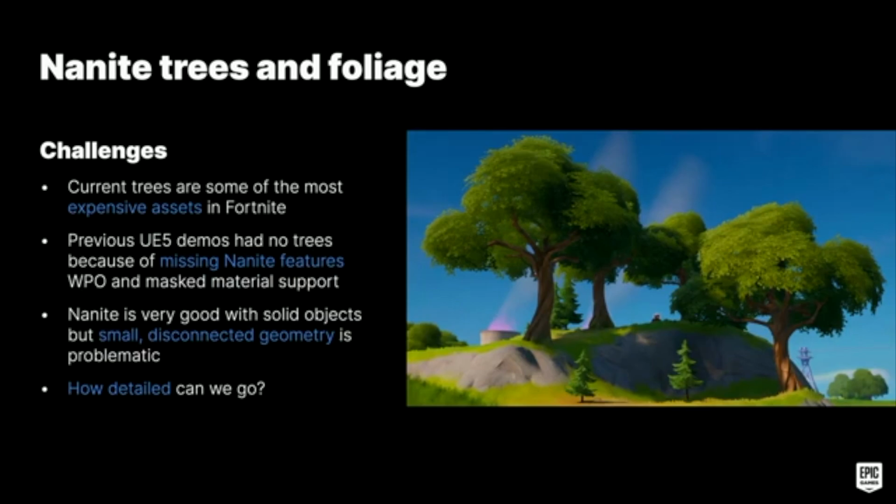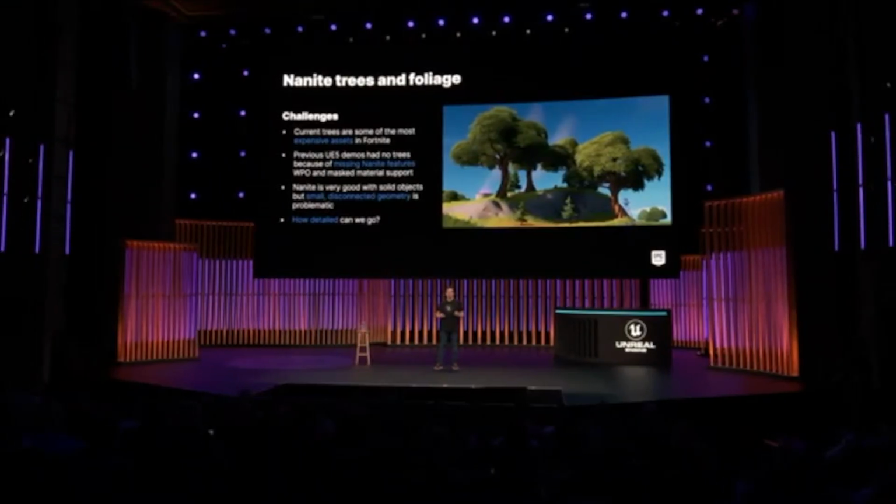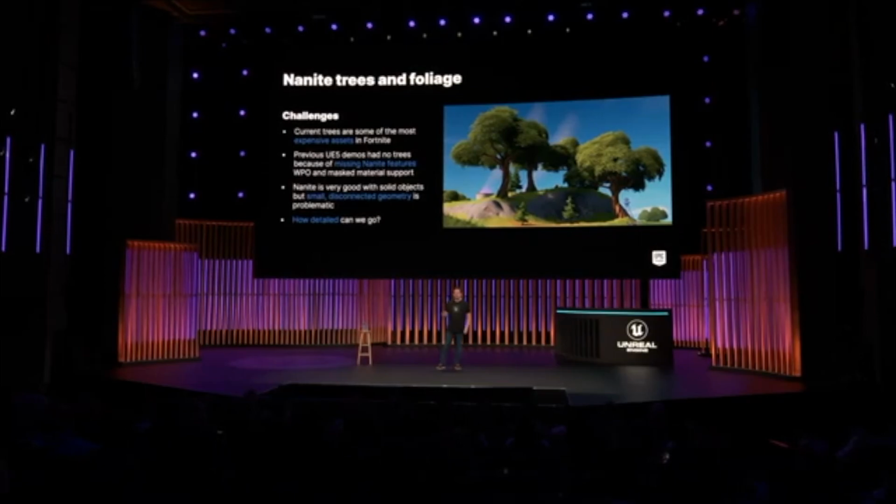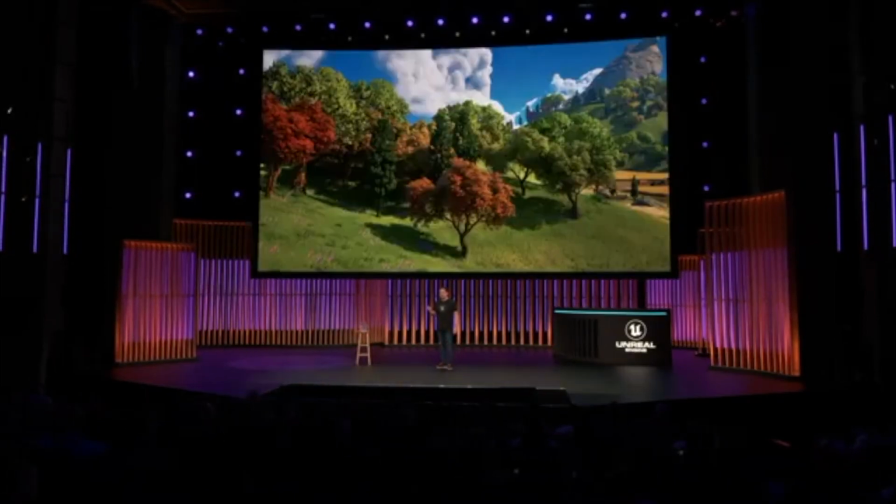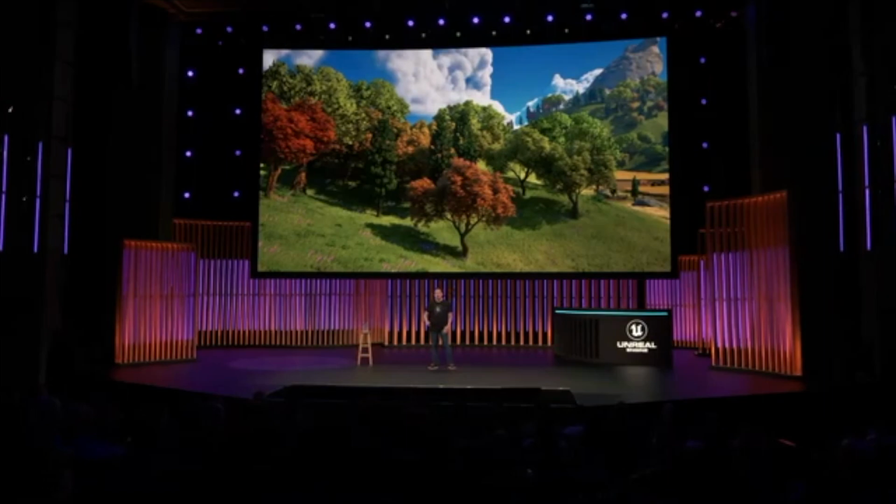And in general, Nanite is really good with solid, continuous objects, like rocks, for example. But smaller, non-continuous objects cause problems, like, for example, leaves. So we had no idea how detailed we could actually go with these trees. And we wanted to go from these to something like this, which was our prototype map.